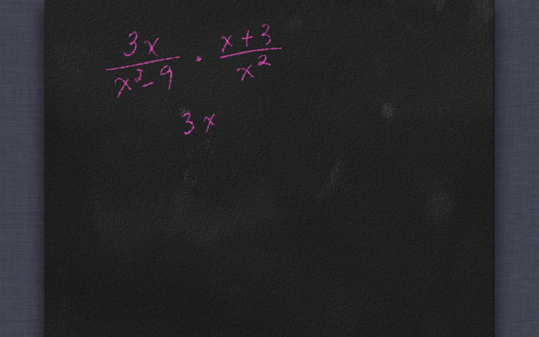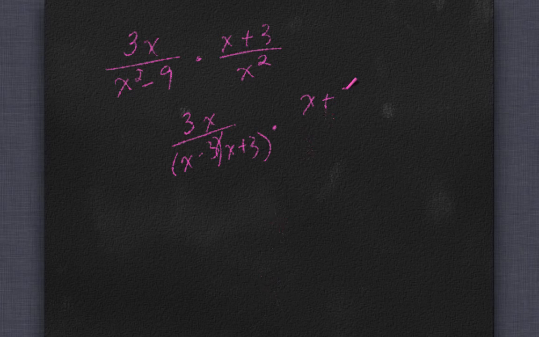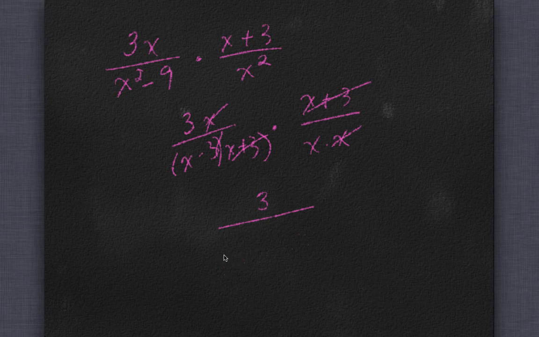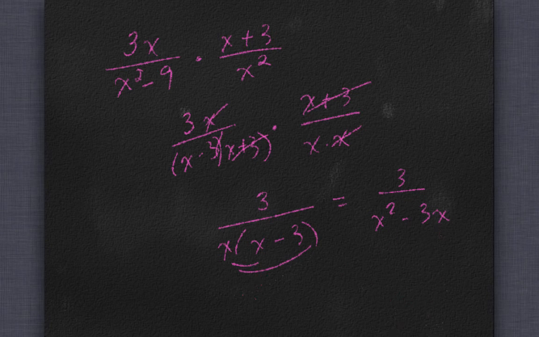So 3x, x minus 3, x plus 3, x plus 3 up here, x, and then mark out the ones you can. Remember that you didn't just change the domain restriction. You still can't have x equal to negative 3. So I think all I have in the top here is 3, and here I have x times x minus 3, which might look like, by distribution.